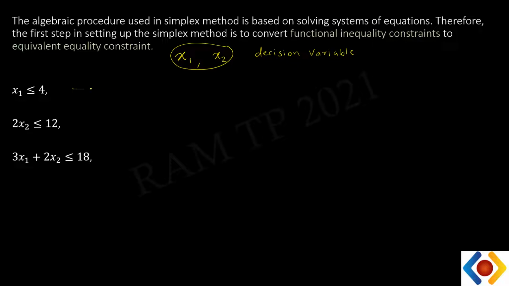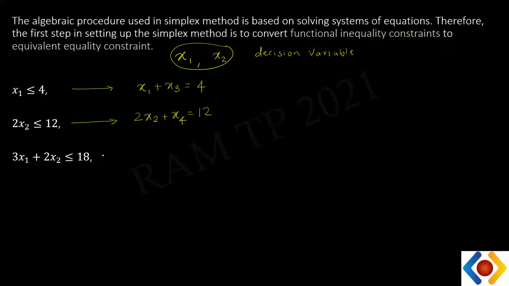If I convert this inequality into an equality, I'll get X1 plus X3 equals 4, right? For this one, I'll say 2x2 plus x4. I can't use x3 everywhere, I hope you agree, so I'm using x4, which is equal to 12.